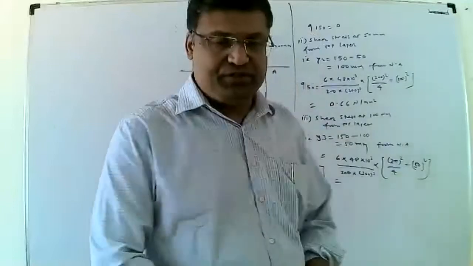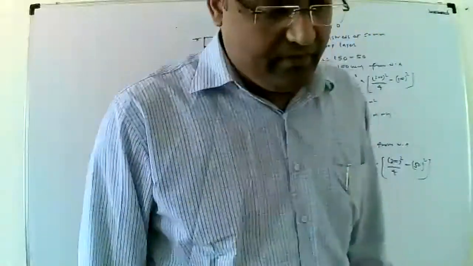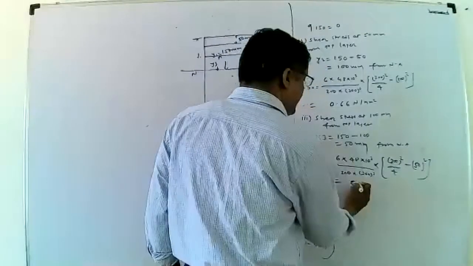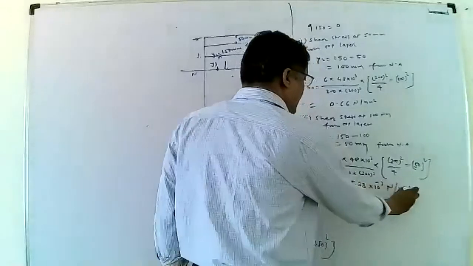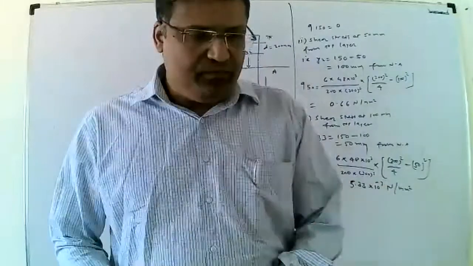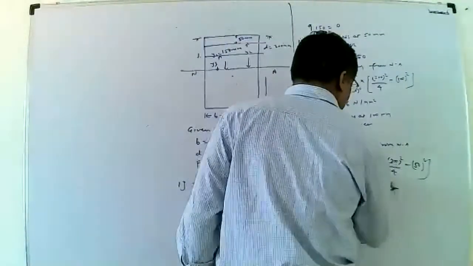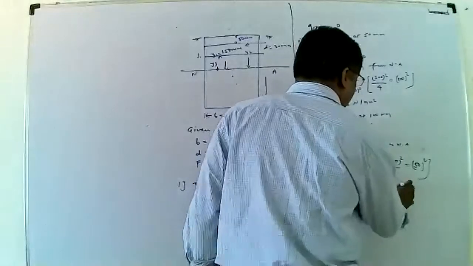Then after calculation we get the value 5.33 into 10 raised to minus 3 Newton per mm square. That is the value. Sorry, 1.066 Newton per mm square.